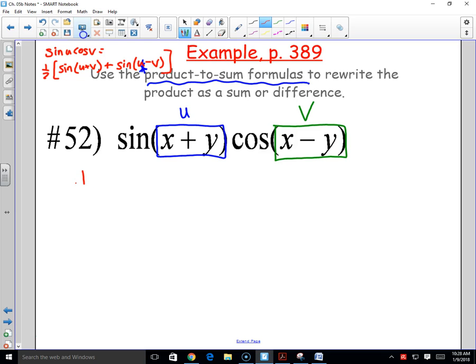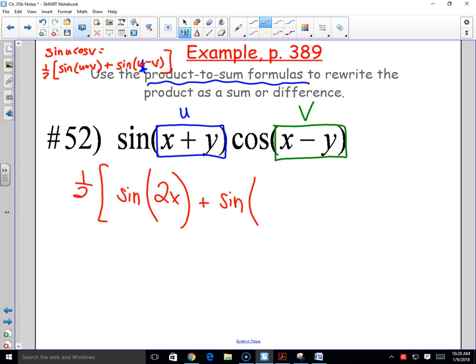Let's go. 1/2, big old bracket, sine of... All right, let's see if we can make this easier. This guy plus that guy. Plus, the addition doesn't change any signs. What would x plus x be? 2x. What would y plus a negative y be?